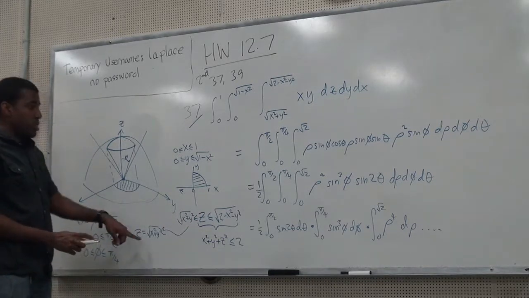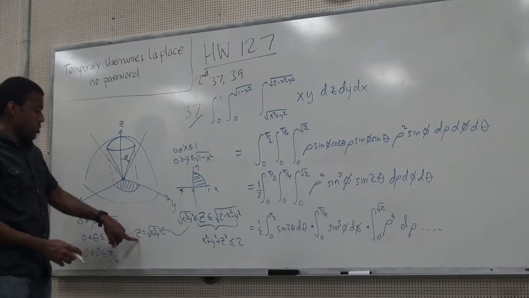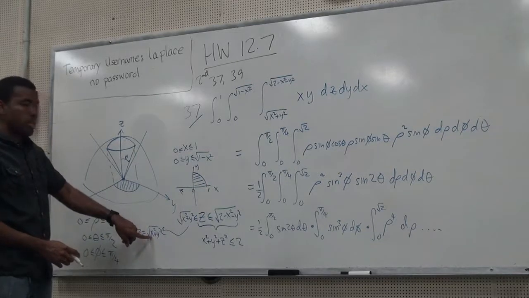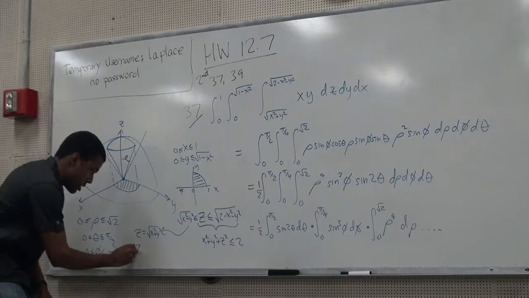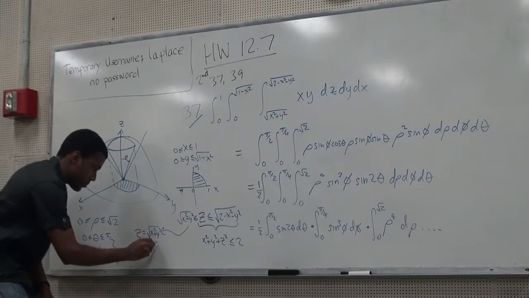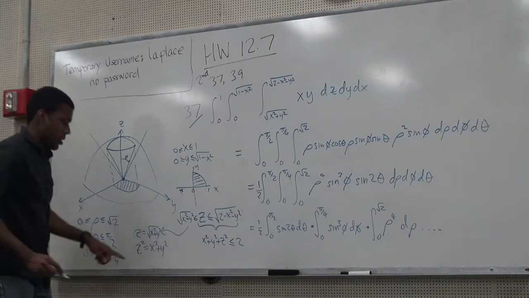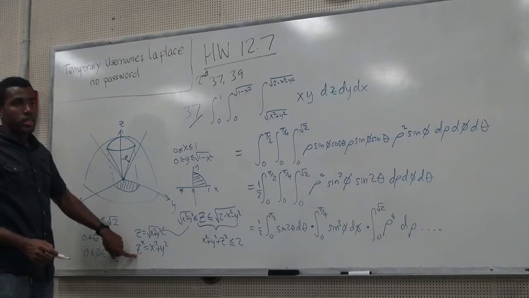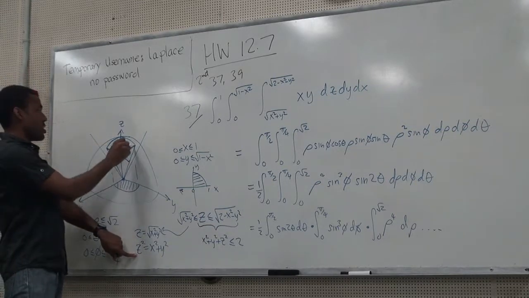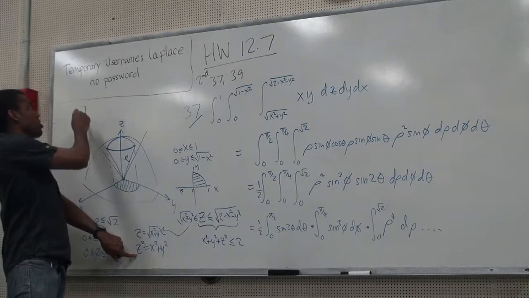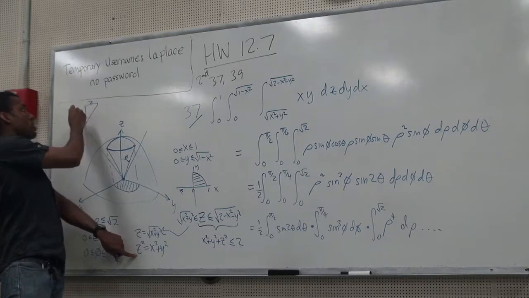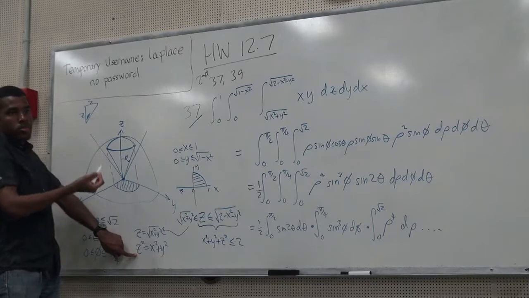You can plug in the formulas, rho cosine phi and the rest, and solve for phi. Or you can realize that this gives you a circle of radius z, so the radius is equal to the height, and you do that triangle I was showing you, solve for phi, and you get part of it.